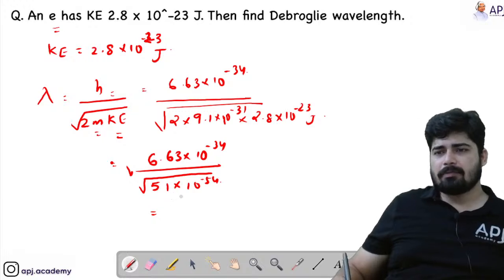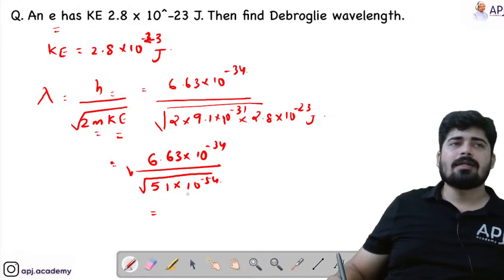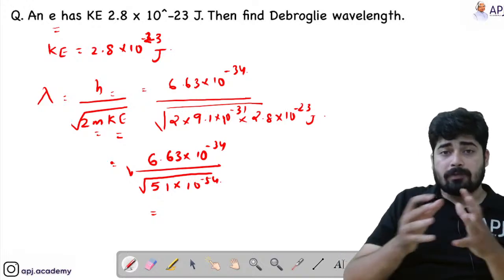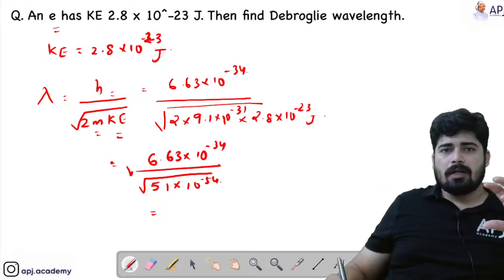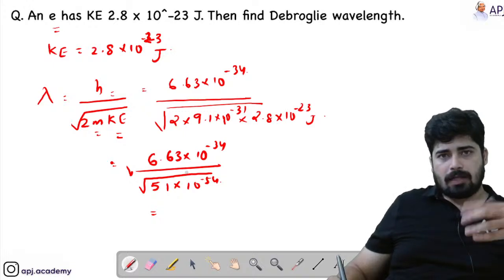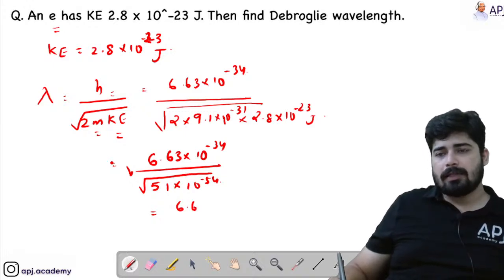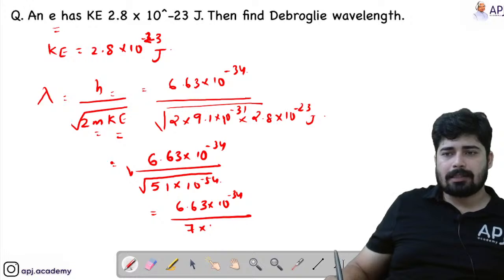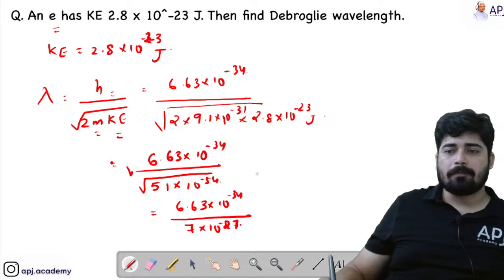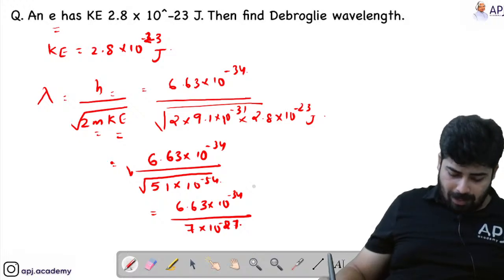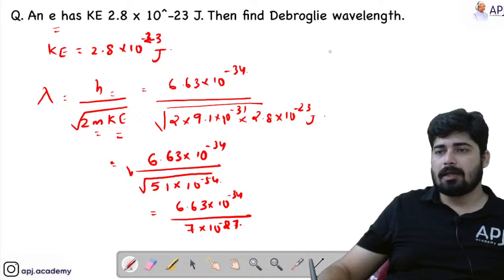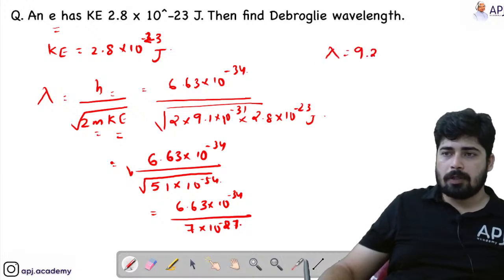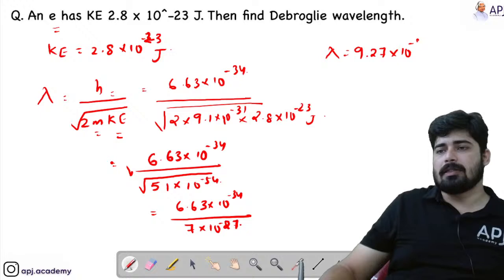I can just write 7.2 or something like that, because in chemistry we will have options with large differences. So for the nearer values, we can just approximate in order to find the answer. It is not necessary that we require accurate values, since the options will have different values. So I just take it as 7 into 10 raised to minus 27. Now by dividing it, lambda will be equal to 9.27 into 10 raised to minus 8 meter.